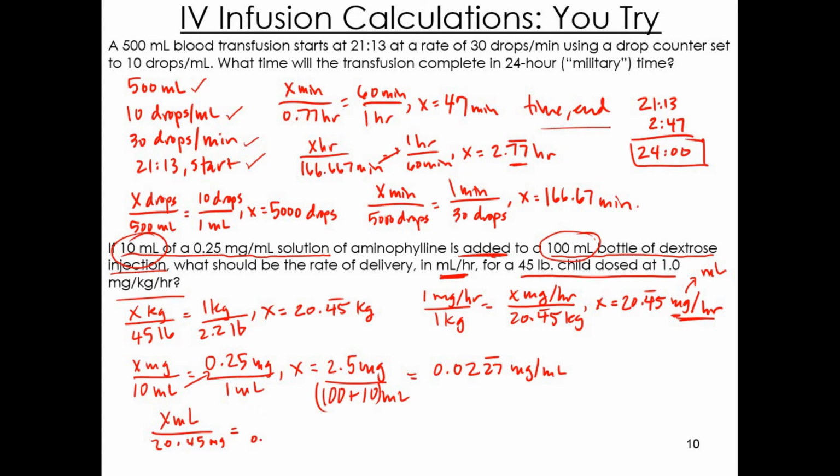If we have 0.0227 milligrams in each milliliter. Answer is a nice even 900 milliliters. And so 20.45 milligrams per hour is the same as 900 milliliters per hour. And that's our answer.